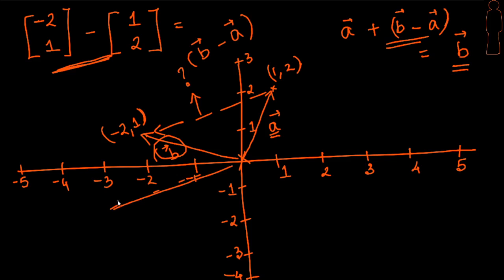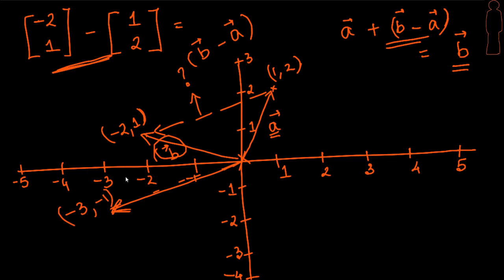And if I draw that resultant vector parallelly from the origin, then I would reach this point here, which happens to be minus 3 and minus 1.